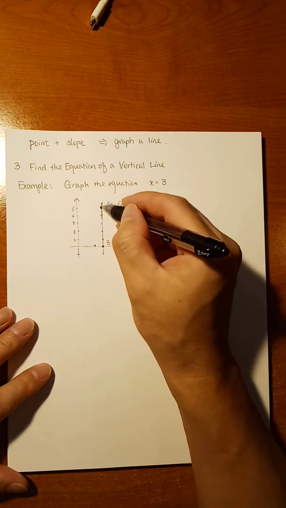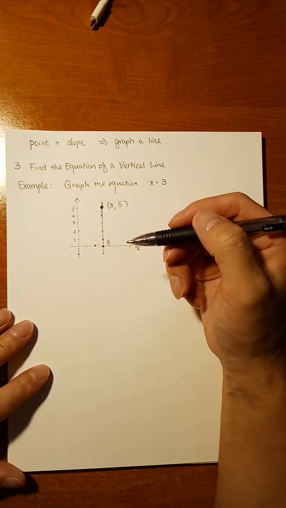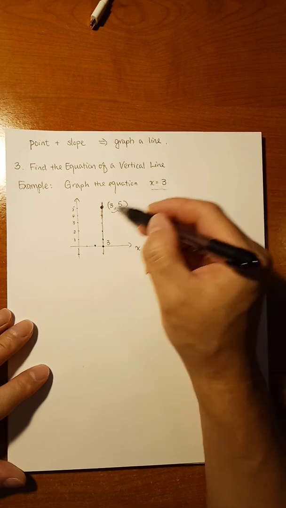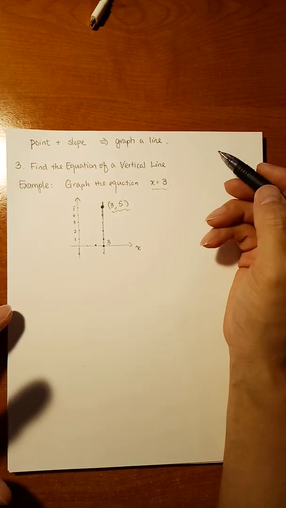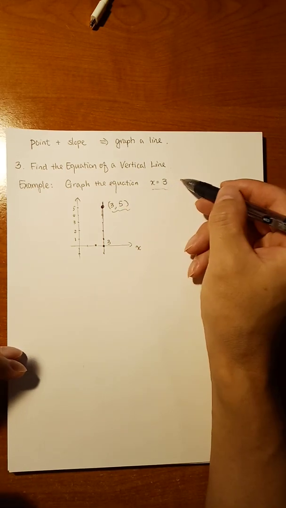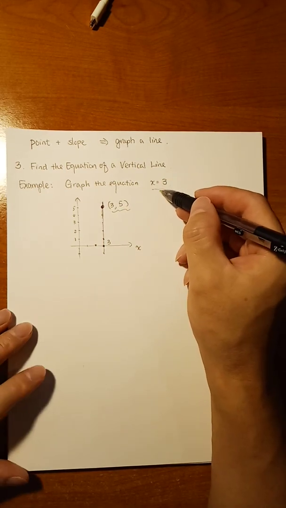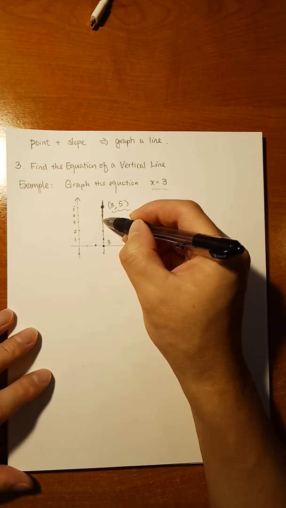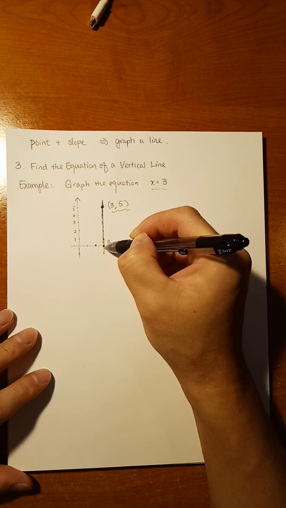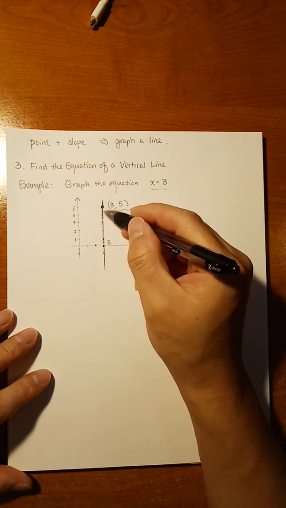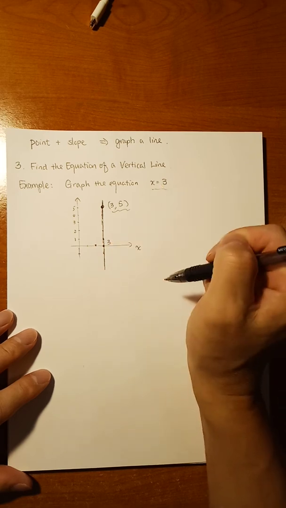This point satisfies the equation because x is 3, and y is 5, whatever, because we don't care what the value of y is in this special equation. So every point on this line has x coordinate equal to 3.